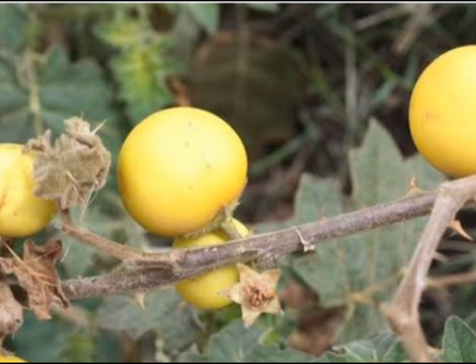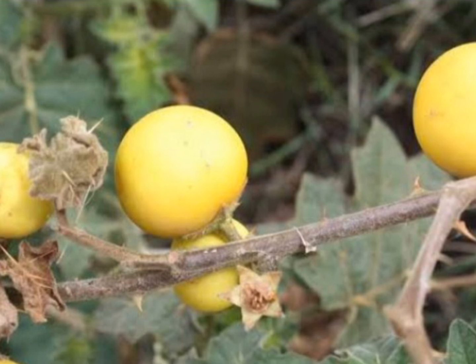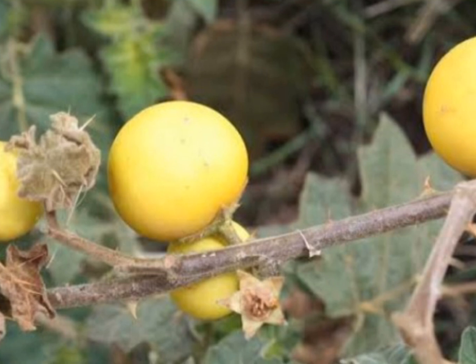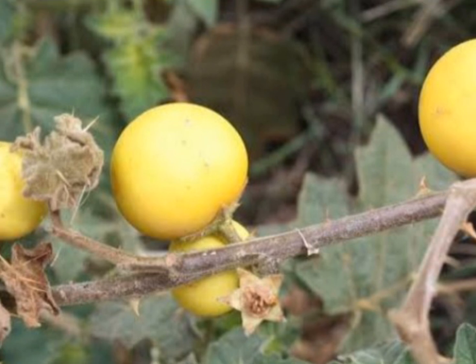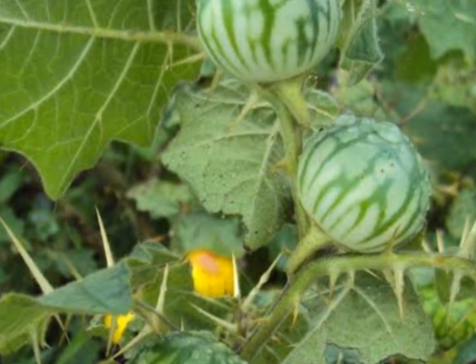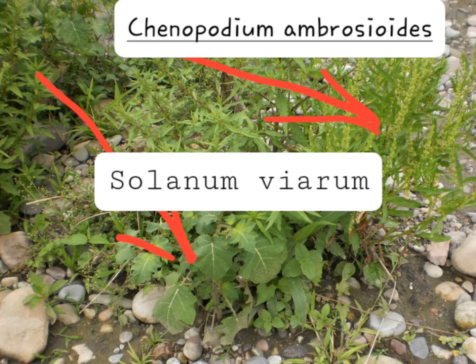This is Solanum viarum, the tropical soda apple, commonly called the tropical soda apple. The saponin content is very high in this plant, and it is medicinally important, but sometimes very poisonous.